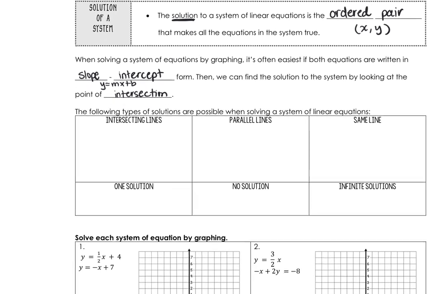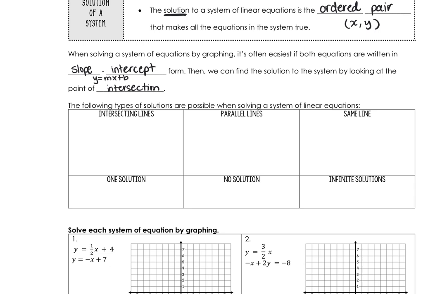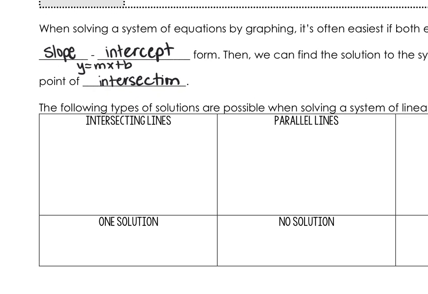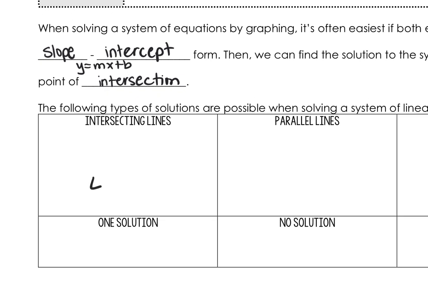When we're graphing these, or using any other method, we've got 3 types of solutions that are possible. The first type of solution is when you have intersecting lines. Your lines intersect at that one point.